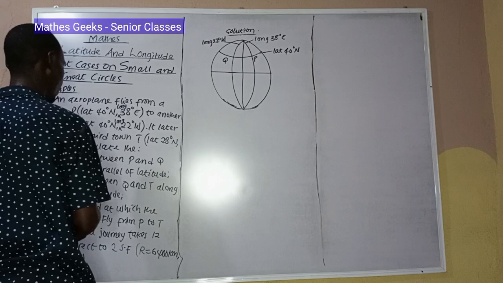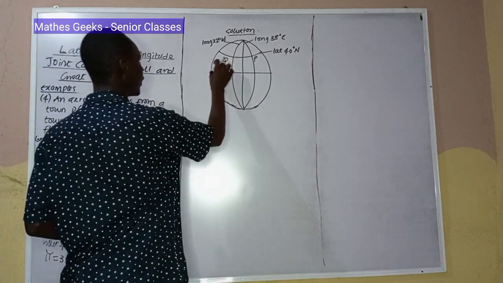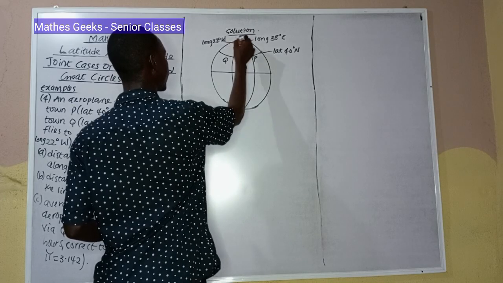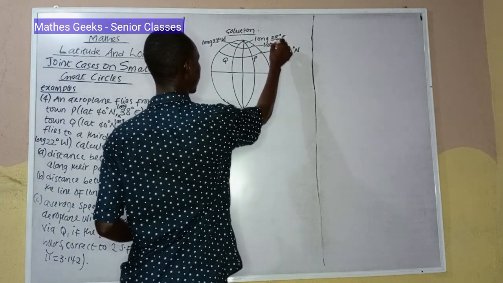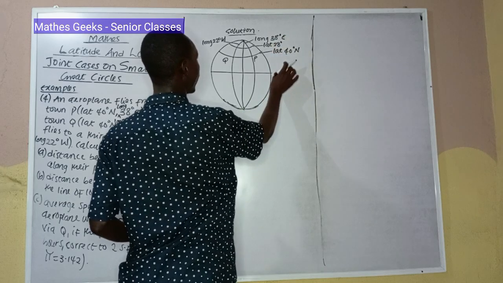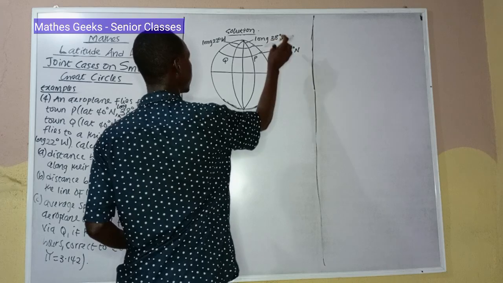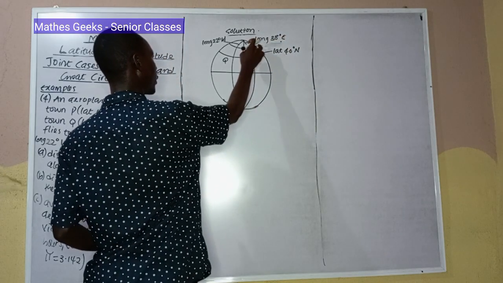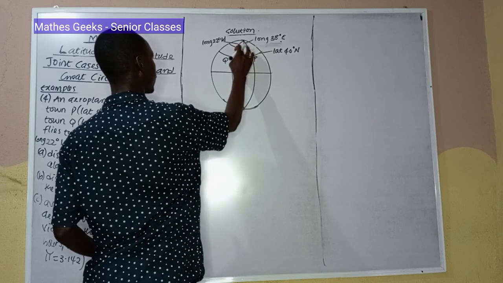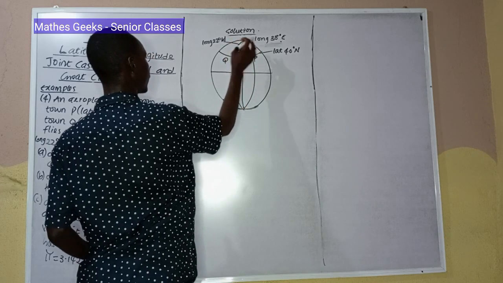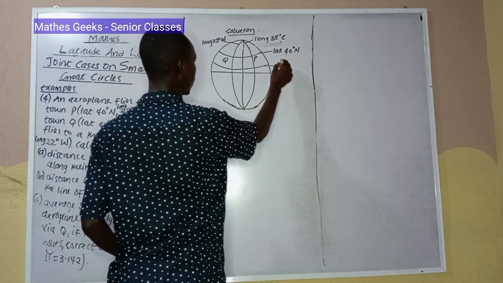It later flies to a third town C, latitude 28 degrees north. Since this one is latitude 40 degrees north, this one should be down. This latitude is higher than town C. So it's going like this.